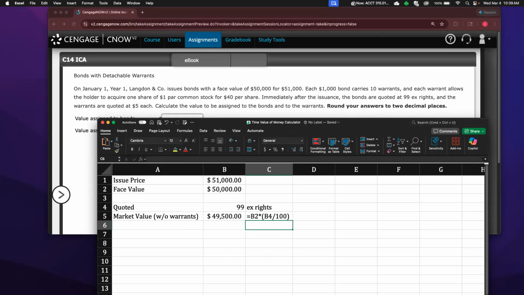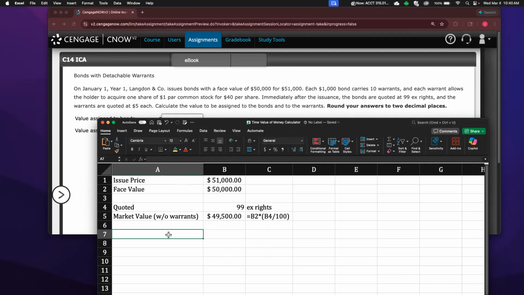The next thing we have to do is determine the market value of the warrants. So each $1,000 bond has 10 warrants. So we need to find the total number of bonds.